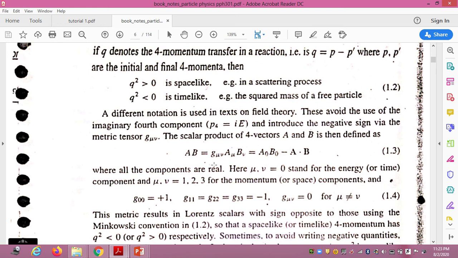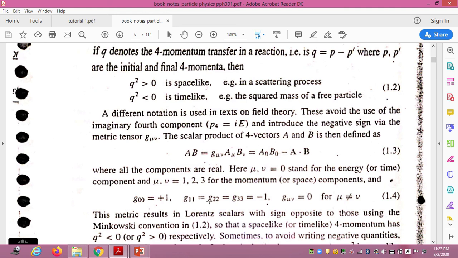If you see the structure of g mu nu, it is a 4 cross 4 matrix. All the components will be 0 except the following components. Whenever mu is not equal to nu, it will always be equal to 0.